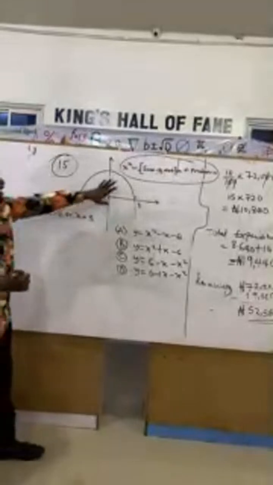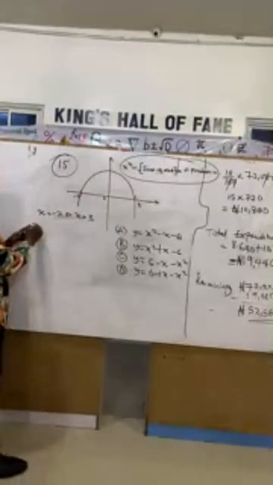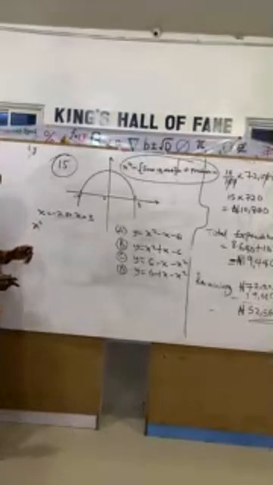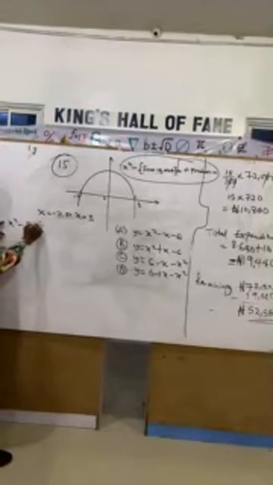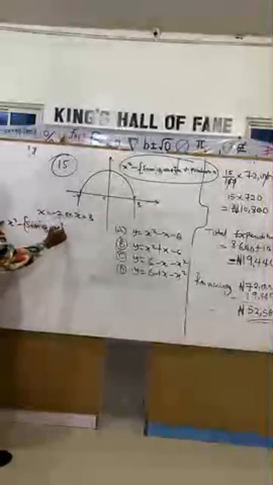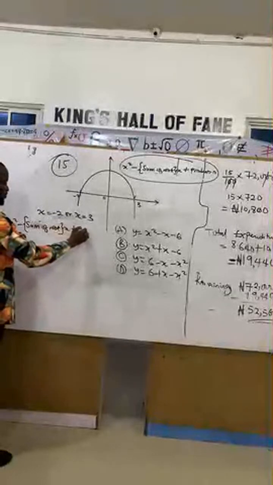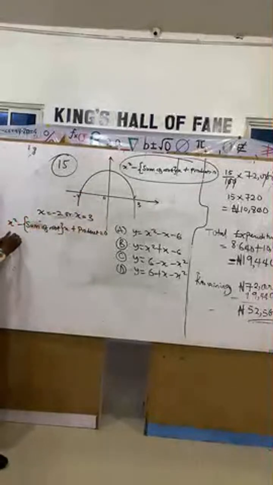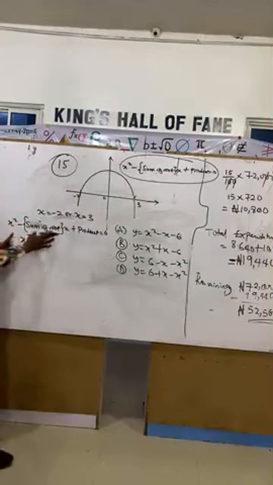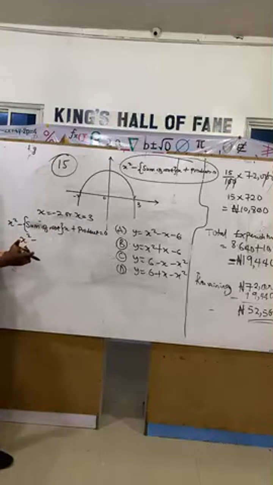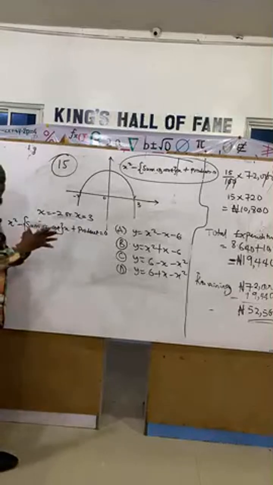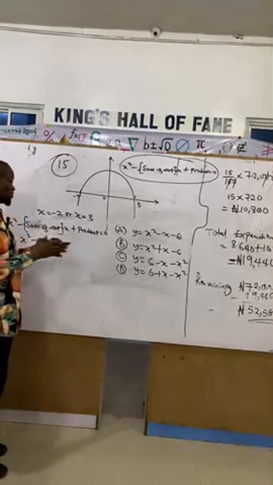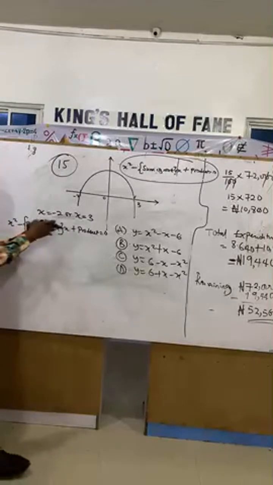So x squared minus the sum of roots x plus the product of roots equals 0. Sum means you add, product means you multiply.